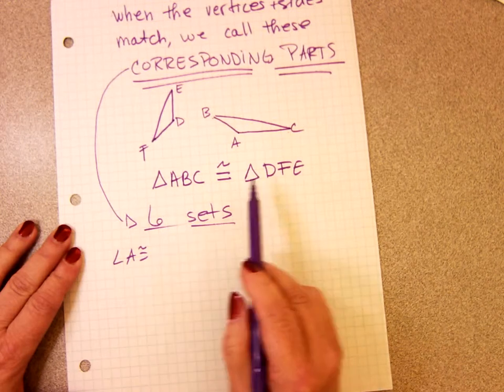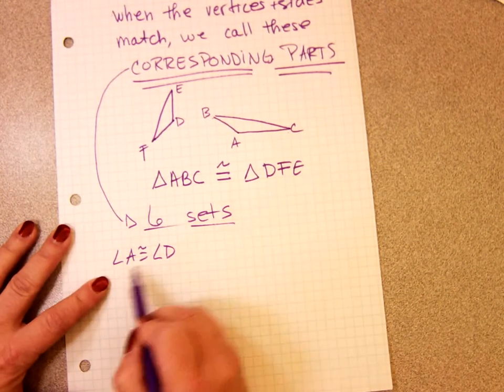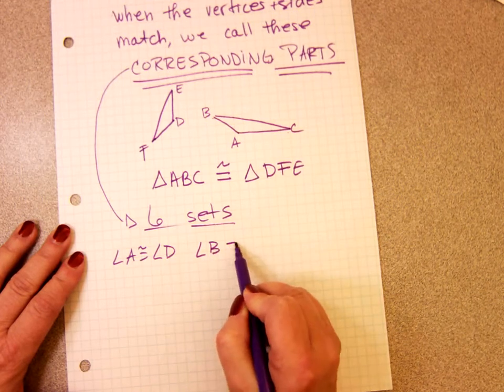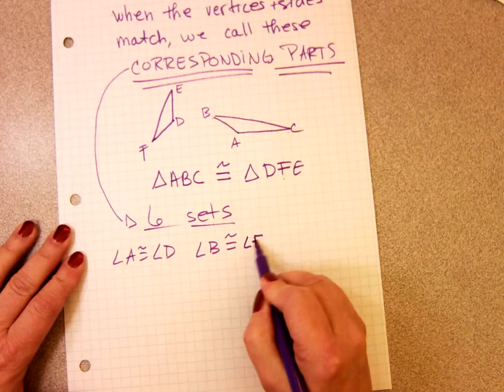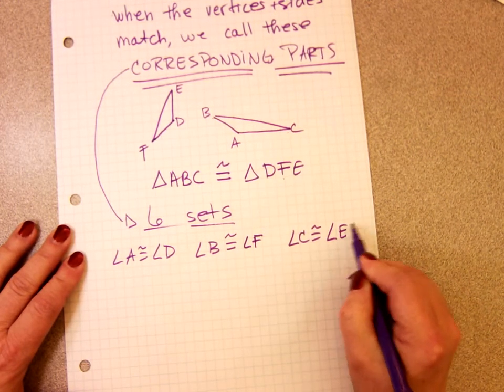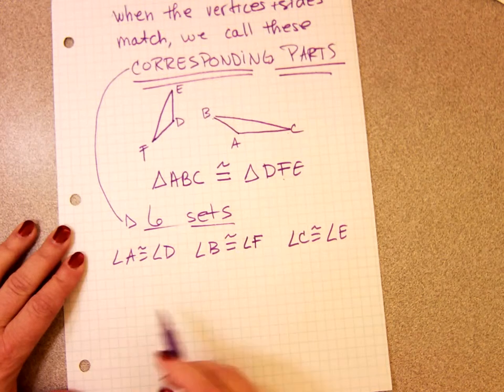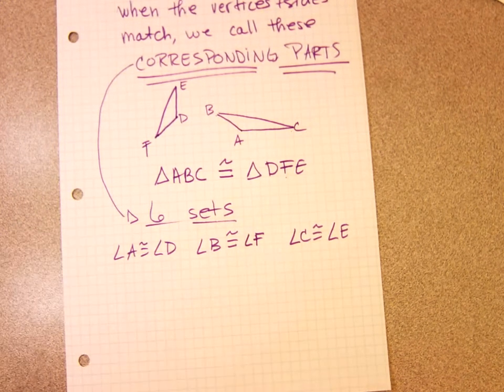A is congruent to angle D. Angle B is congruent to angle F. And angle C is congruent to angle E. Very good. So those are the angles. What do you think the other 3 parts are going to be?